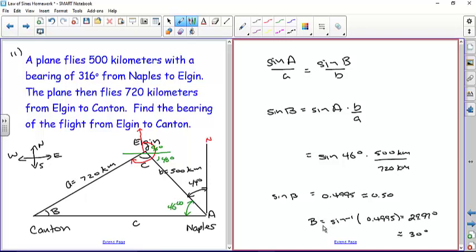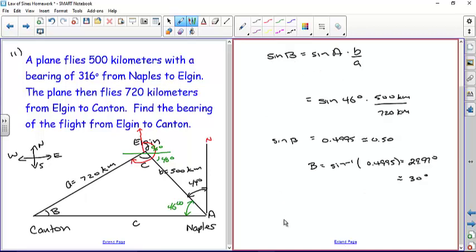Okay, so now we can say that the measure of angle C is equal to 180 minus 46 minus 30. So we got 180 minus 46 minus 30. It's 104 degrees. So that's this angle between here and here, 104 degrees.